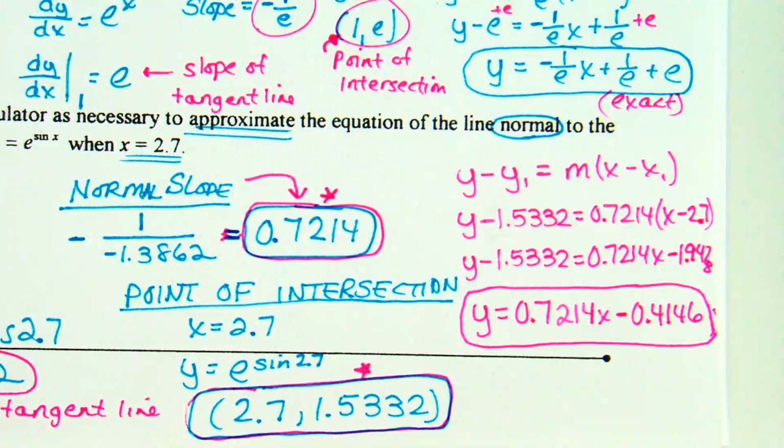Okay, we've got 2 quick questions to do on the back. They're both about approximate, estimate the value of the relative maximum of y equals sine x on the interval 0 to pi.